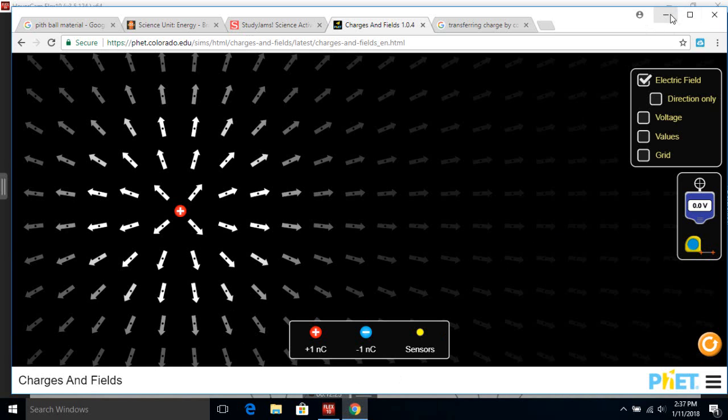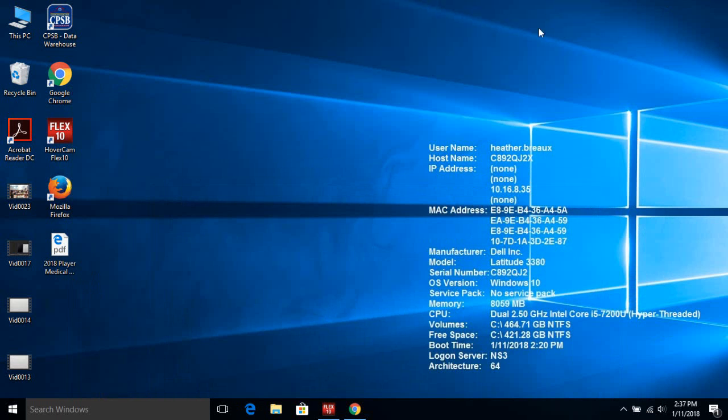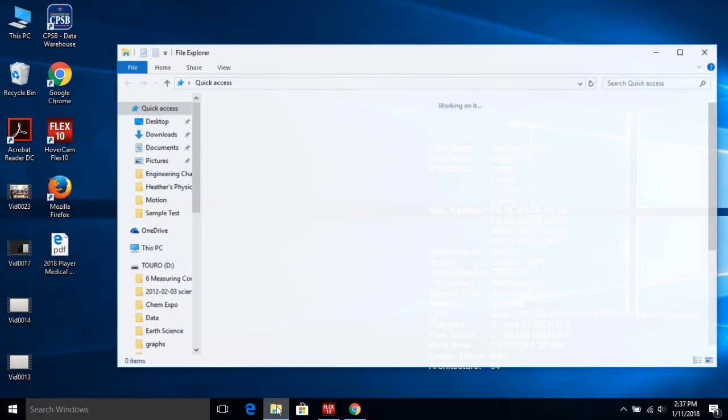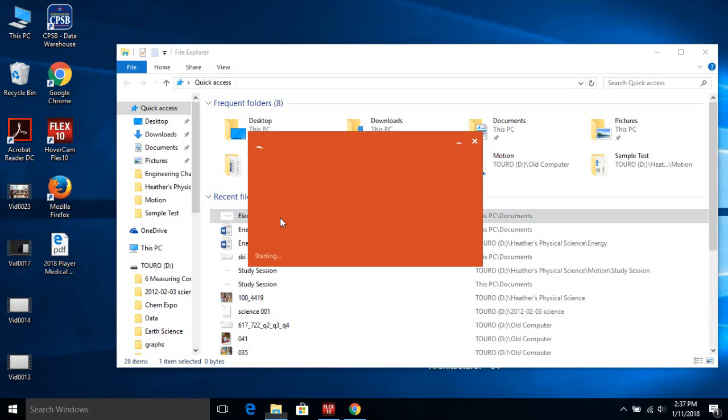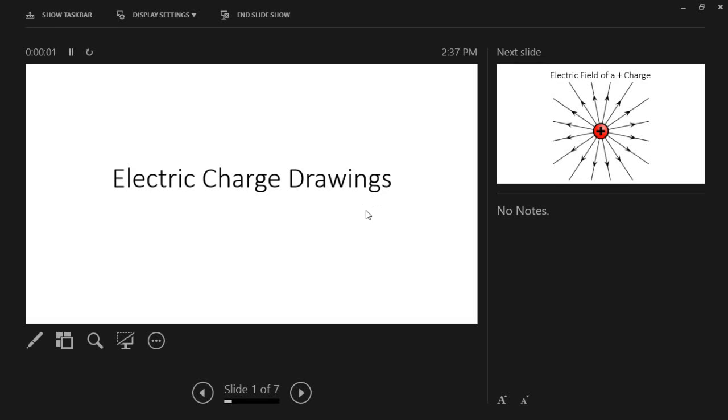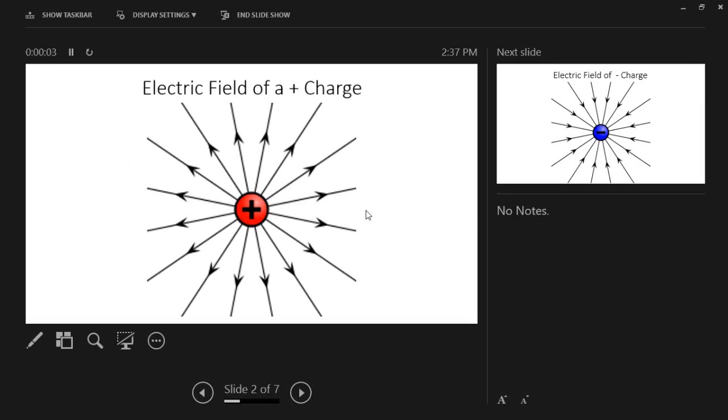Oh, I didn't open it. Hang on. Oh, wait, it's right here. Okay, this is the electric field for a positive charge. Watch the negative.